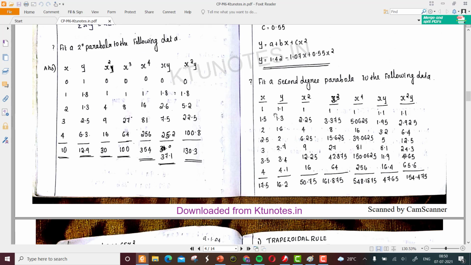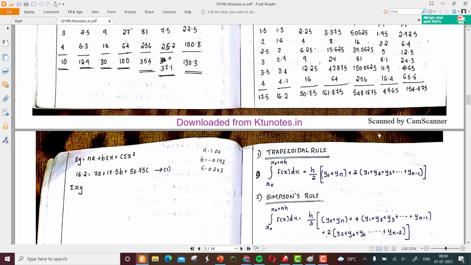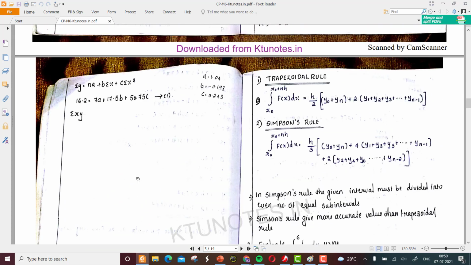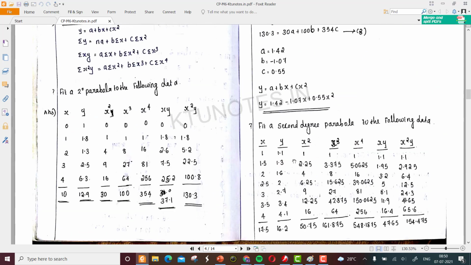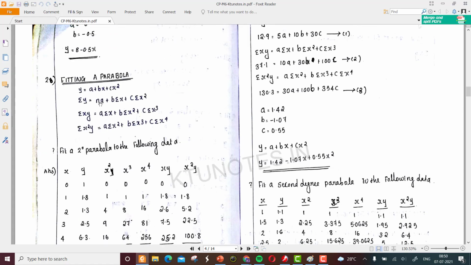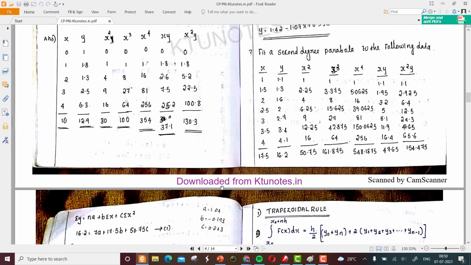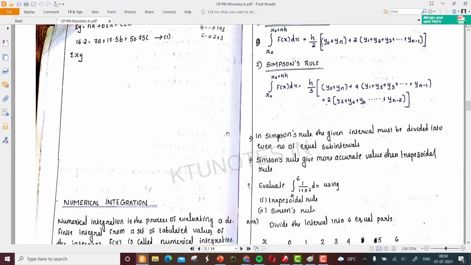A similar problem, I'm not repeating it again: x, y, x square, x cube, x raised to 4, xy, and x square y. All things are calculated, and even this is not complete. So you know the procedure, how to club these values into the main equations and solve it by the matrix method.